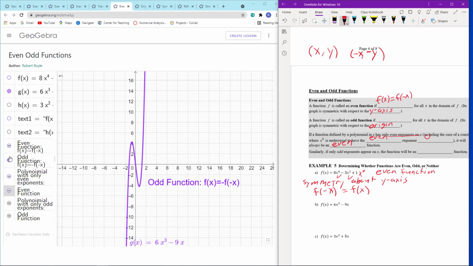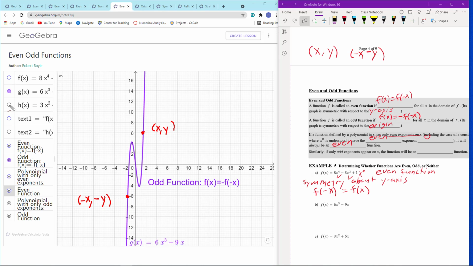Furthermore, we can say the function is odd if f of x is equal to negative f of minus x. We have an example of that here. Here is our point (x, y), and this point, which would be (-x, -y), is also on the graph.